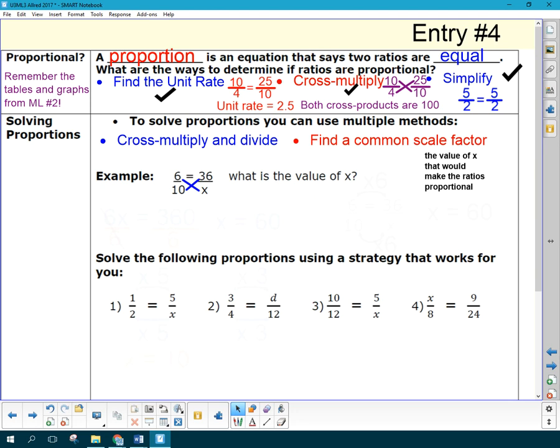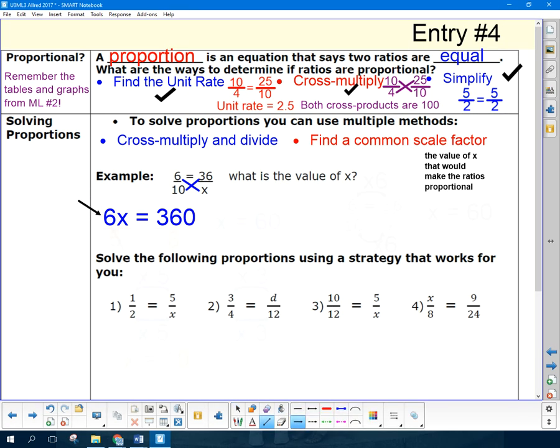6 times x is worth 6x, and 10 times 36 is worth 360. So we know that a proportion has cross products that are equal. That's why you can do that. Then if you want to solve for x, on this left side, this says 6 times x.